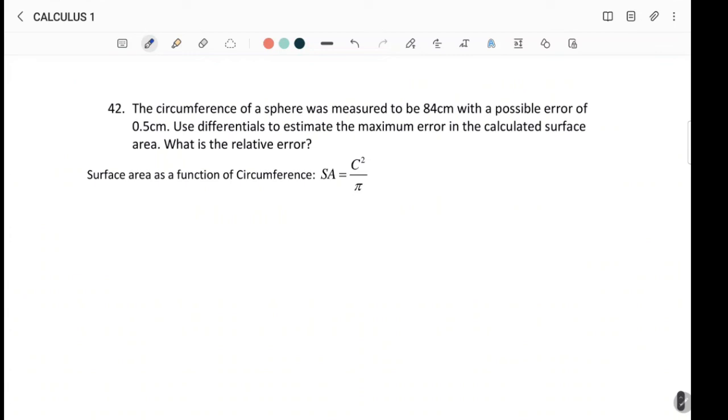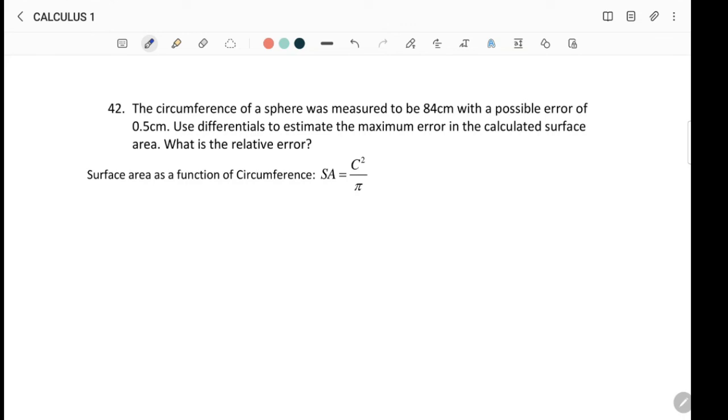The circumference of the sphere was measured to be 84 centimeter with a possible error of 0.5 centimeter. Use differential to estimate the maximum error in the calculated surface area.